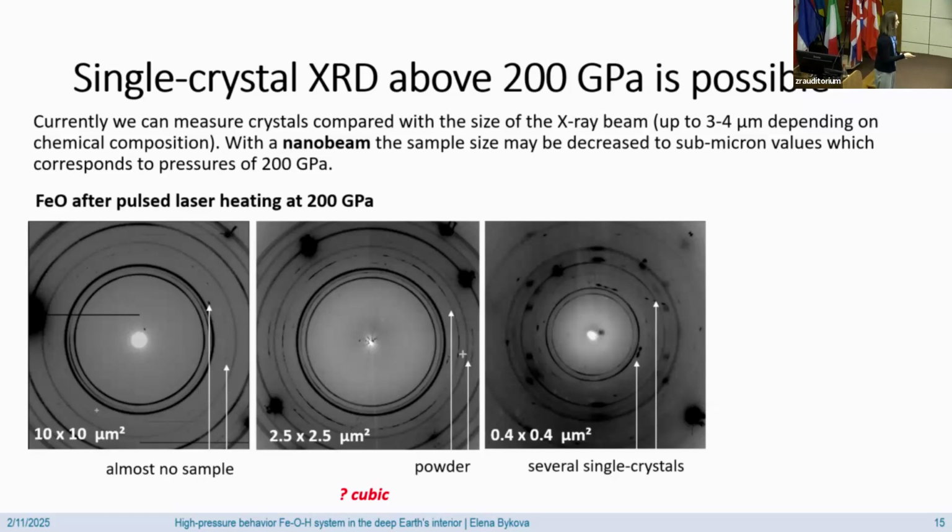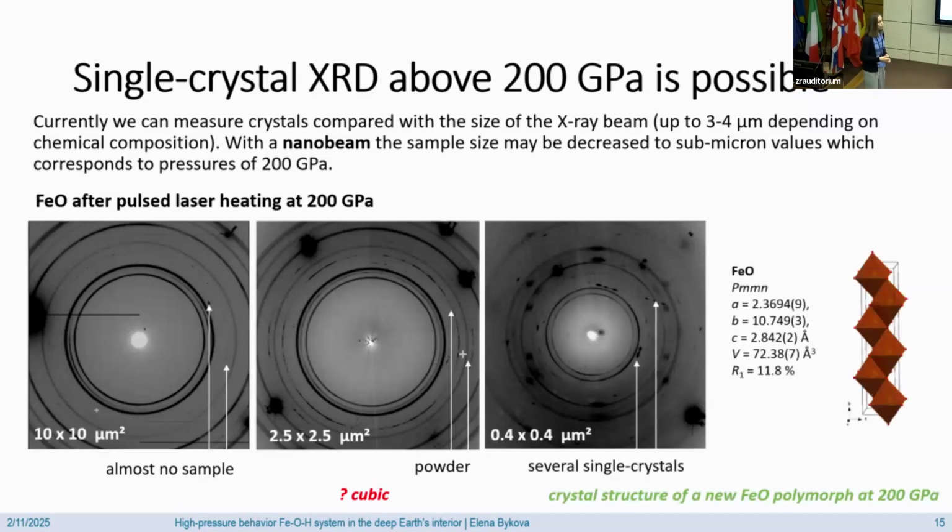But if you go to a beamline that has way tighter focusing, 0.4 by 0.4, that's possible now at, for example, the ID11 beamline, then you start to see the reflections belonging to a single crystal grain. So here, these separate spots are from one single crystal grain. And these are very nicely diffracting crystals. So from them, we indeed could solve the crystal structure and understood that it's not cubic, but rather an orthorhombic one.